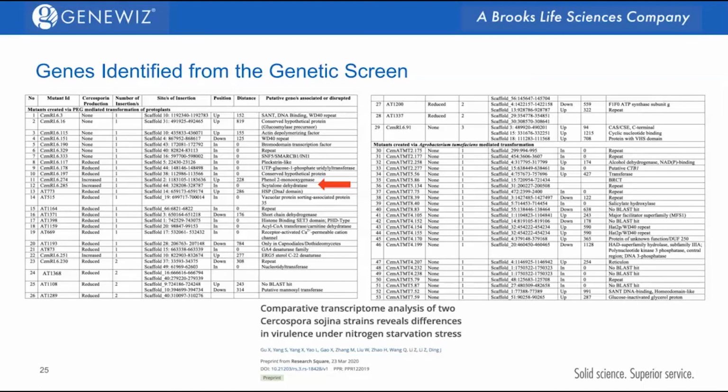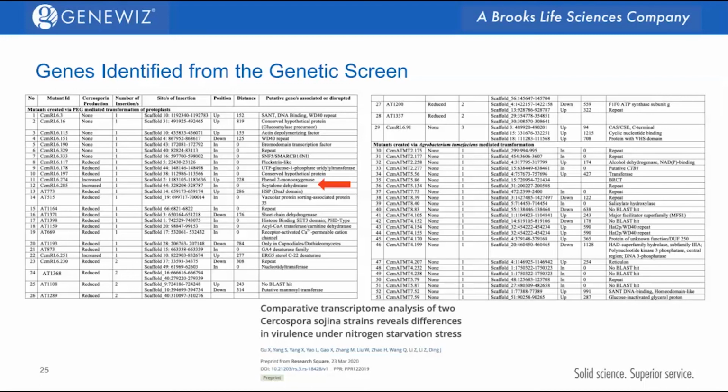They looked at a transcriptome of 2 Cercospora sojina strains that had different levels of virulence. And one of the genes that's specifically mentioned in this research is scytalone dehydratase, where there is differential expression in 2 different strains with 2 different virulence.